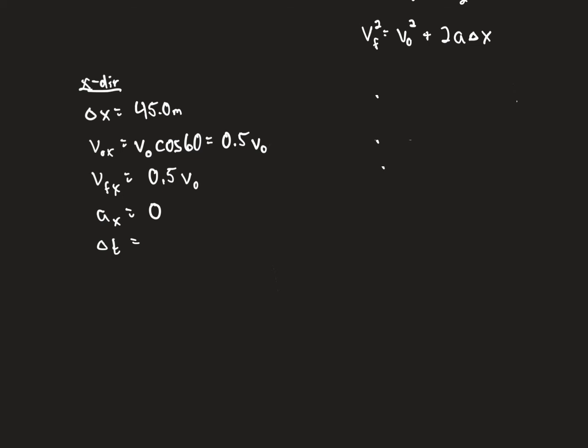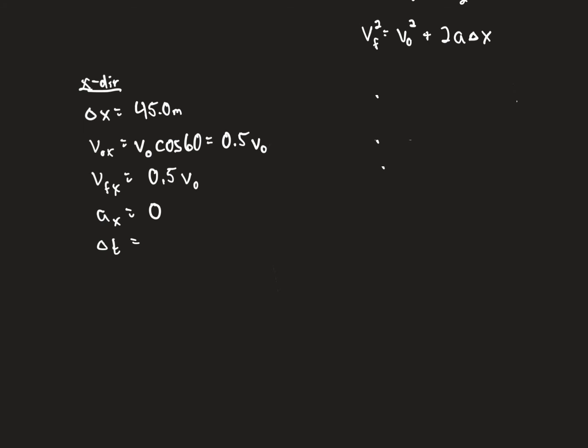So 0.5 v naught. In the x direction, they are always the same unless something in your problem suggests that they're not. There can be situations where they say assume there's air resistance or some other force that's changing the x acceleration. Generally, we assume that's not the case. We're pretty safe doing that in our intro physics class.